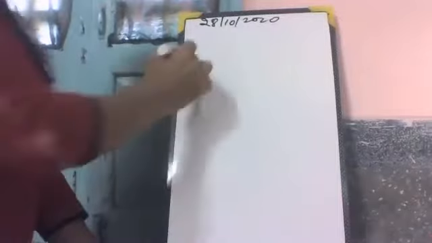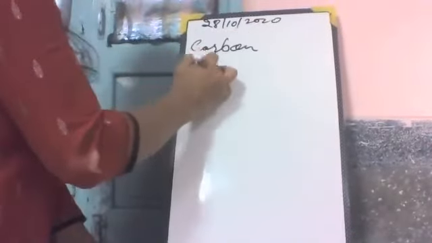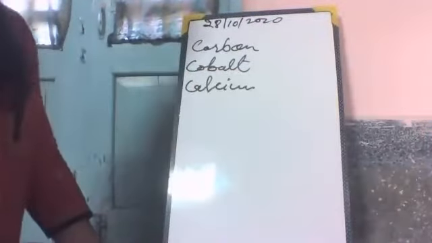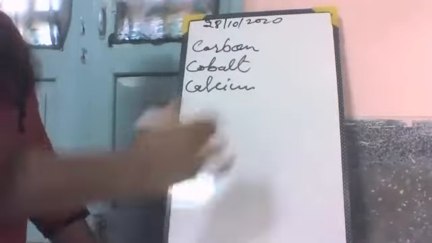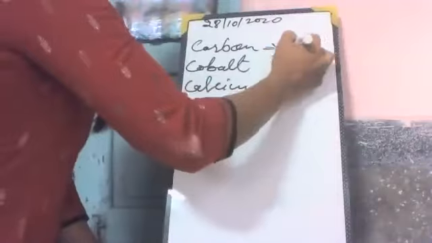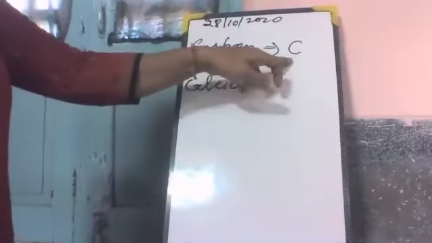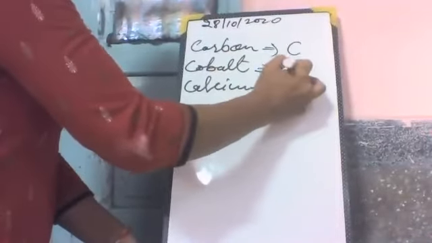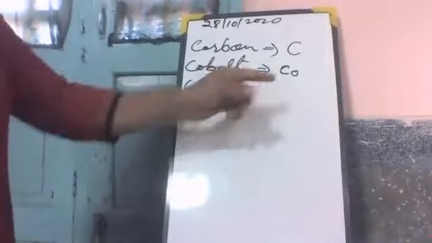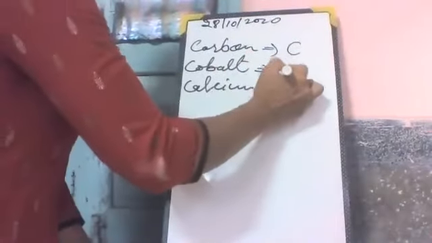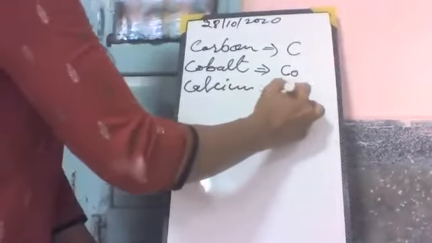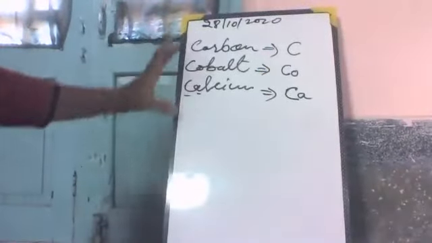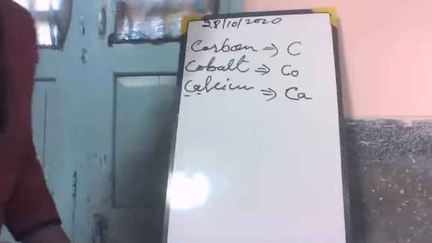To solve this problem, like carbon, cobalt, calcium, C. So the first letter C is given for carbon, in capital letter. Cobalt: the first letter should be capital and the second letter should be small, not capital. Calcium: first letter capital and then small letter. So this is the method to give the symbol of an element.